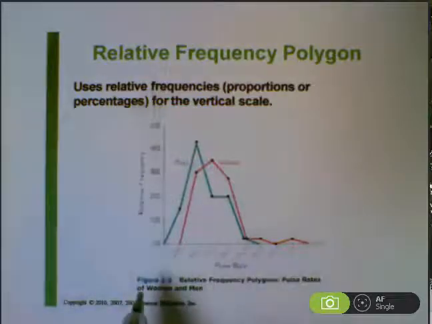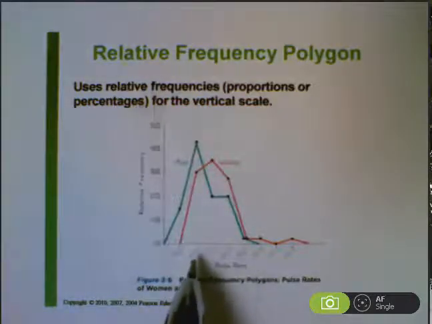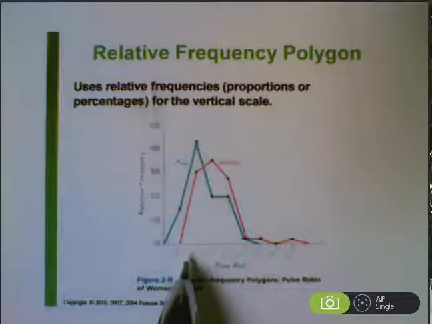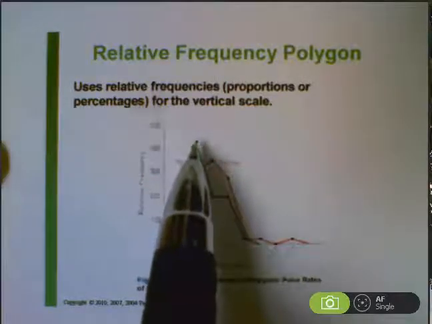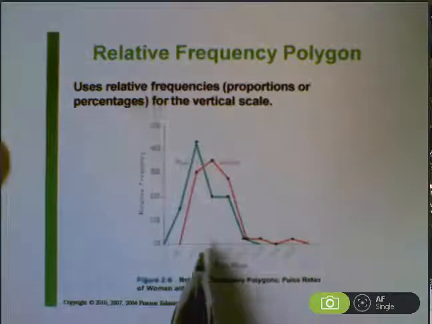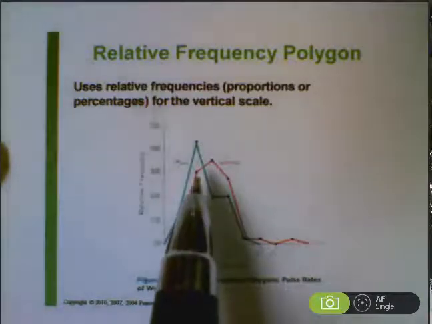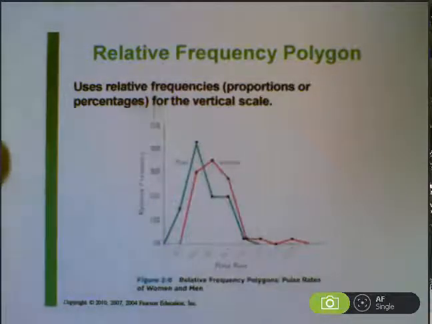It looks like for the class whose midpoint was 64.5, that would be pulse rates between 60 and 69, about 42% of men had pulse rates in that class, and about 30% of women had pulse rates in that class. So a relative frequency polygon pretty much gives you the same information as a relative frequency histogram.